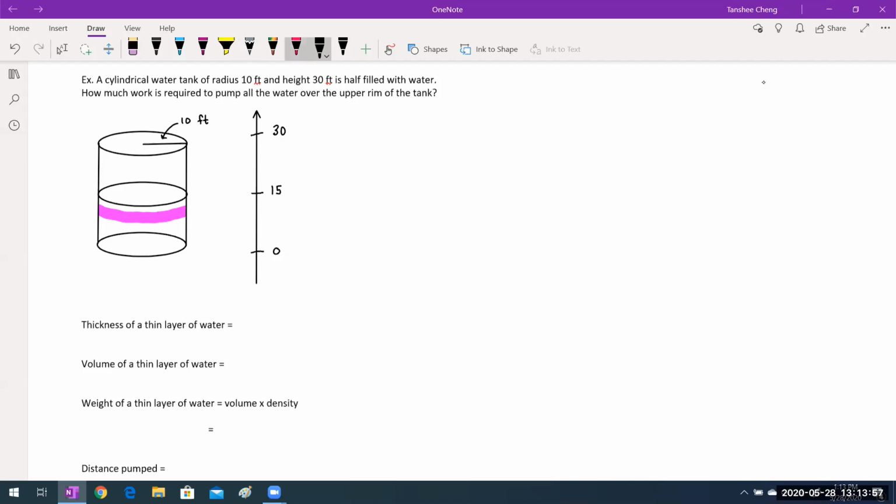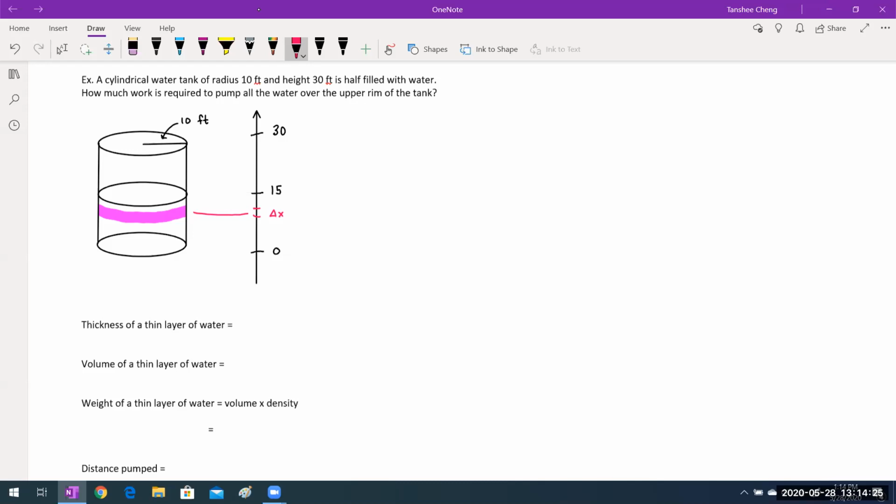I'm putting out one example as this thin layer right here, to pump it out. The thickness of this thin layer of water will become dx. So that will be my thickness, and we are looking at this particular thickness right here, the thin layer.